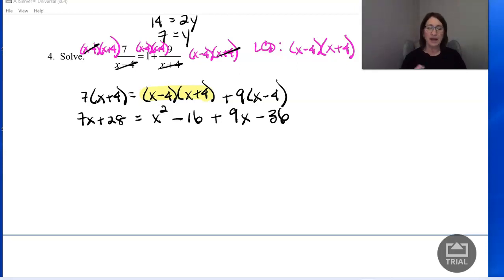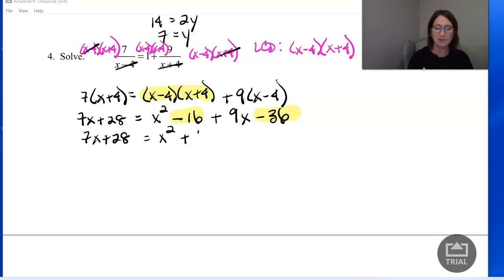So I can go ahead and combine the negative 16 and the negative 36 on the right. So I've got 7x plus 28 equals x squared. I'm going to put plus 9x and then minus 52. So now all I need to do is bring everything on the left over to the right.